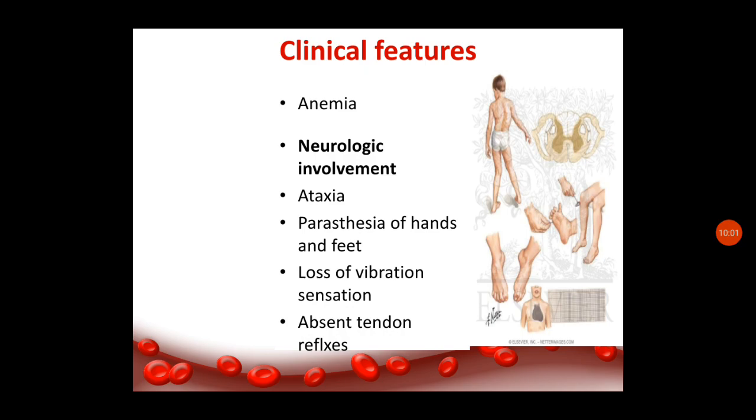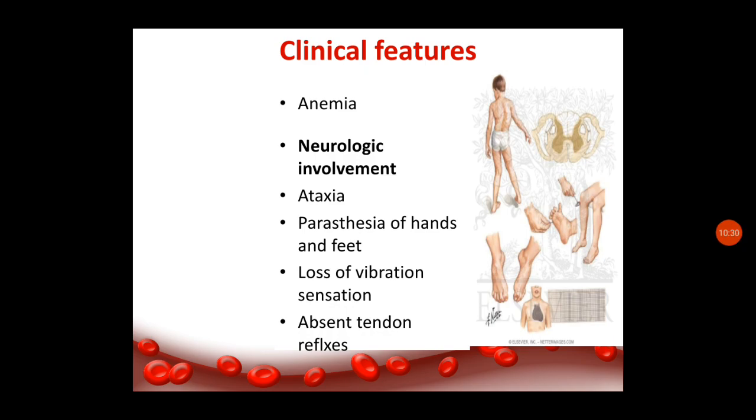In addition to that, you can find neurological involvement, which is usually not present with any other type of deficiency states of anemia. In that condition, you can see ataxia, paresthesia of hands and feet, loss of vibration sensation, and absent tendon reflexes.